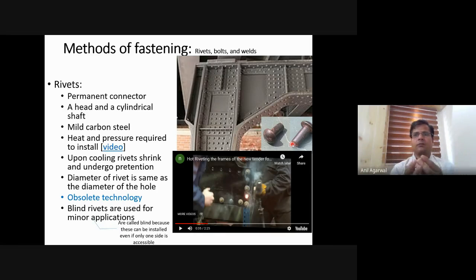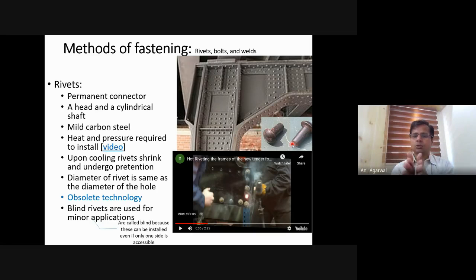Now, when you install the rivet, at that time the rivet is just occupying the space between the two plates. Later, when the rivet starts to cool down, it starts to shrink. Almost all materials have a thermal expansion coefficient, right? The thermal expansion coefficient is positive, meaning as it cools down, it starts to shrink.